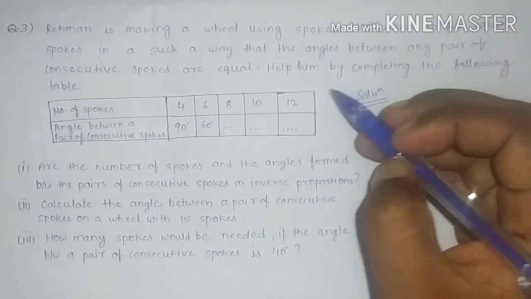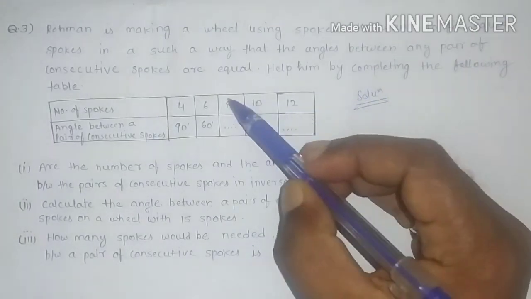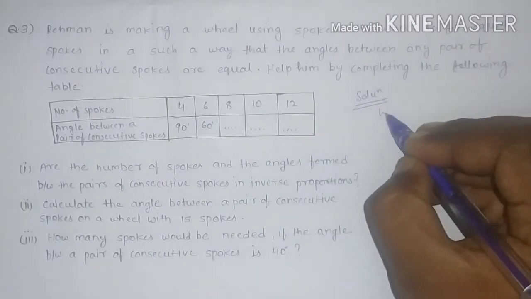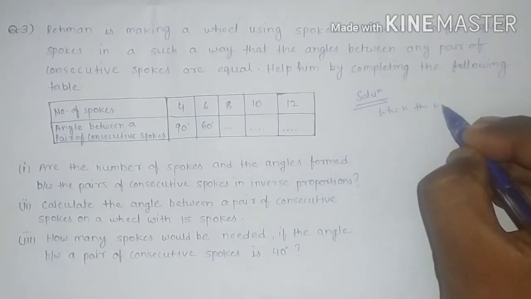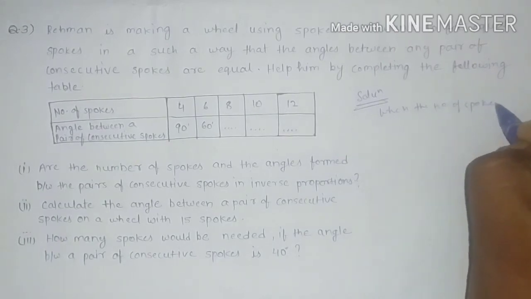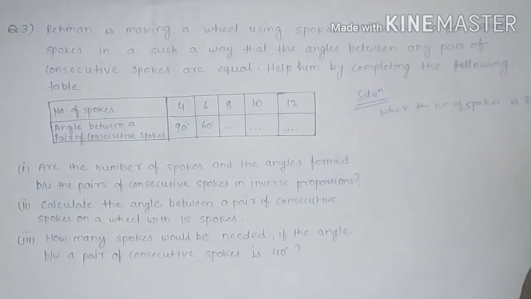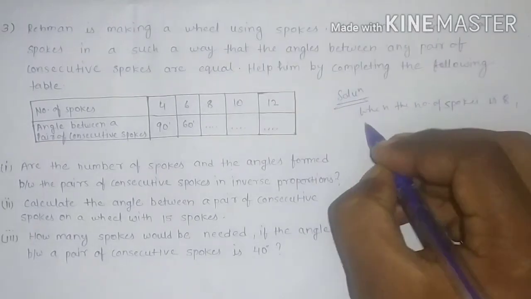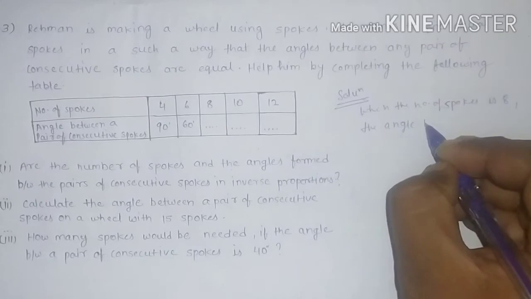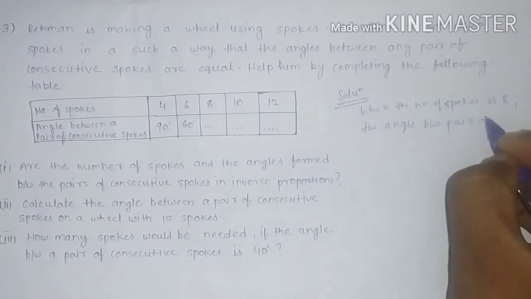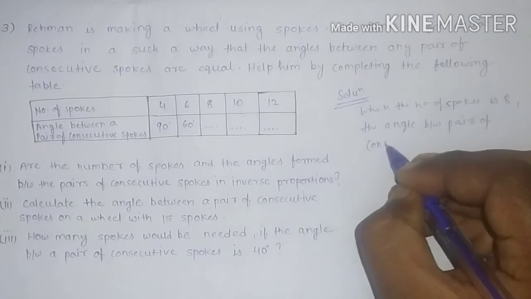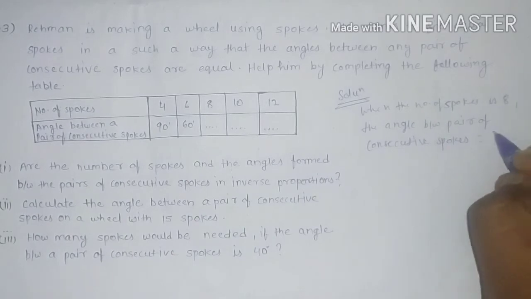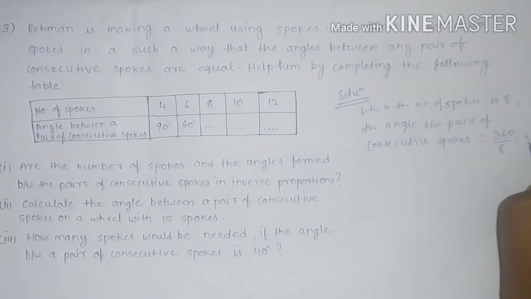So when the number of spokes is 8, we have to find the angle between pairs. So just write here: when the number of spokes is 8, the angle between a pair of consecutive spokes equals 360 divided by 8, that is 45 degrees.